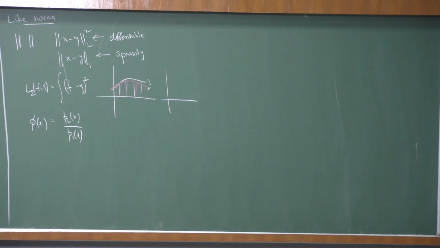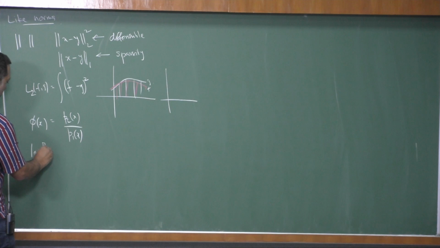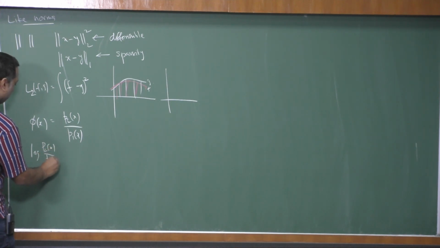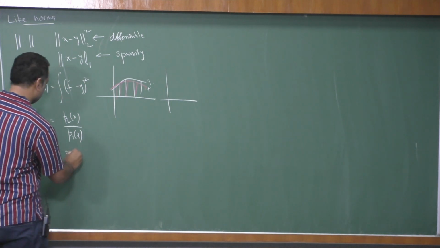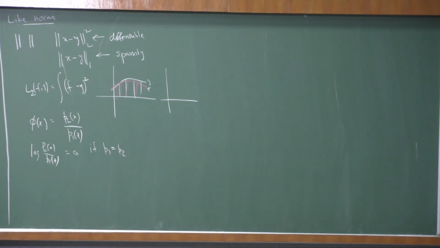Now, to make this 0, consistent with what we usually expect from a norm, one possibility is that I take a log here: log of p2(x) by p1(x). Then if 2 distributions p1 and p2 are equal, the measure is going to be 0.